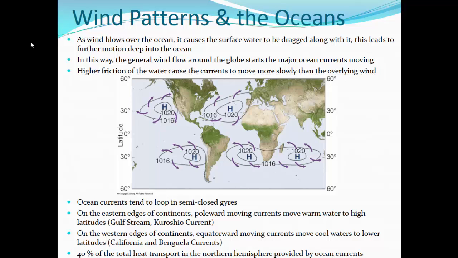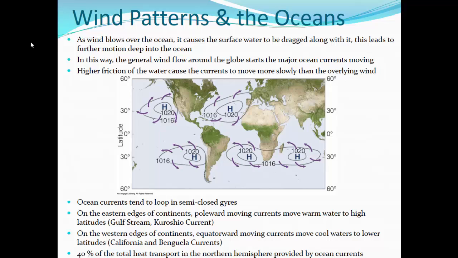But in this way, with those belts of high pressure at the 30 degrees north and 30 degrees south lines, those belts of high pressure, whether they're the Bermuda-Azores high in the North Atlantic or the Pacific high in the North Pacific, have a clockwise flow around them in the northern hemisphere. Of course, in the southern hemisphere, it's a counterclockwise flow around high pressure.